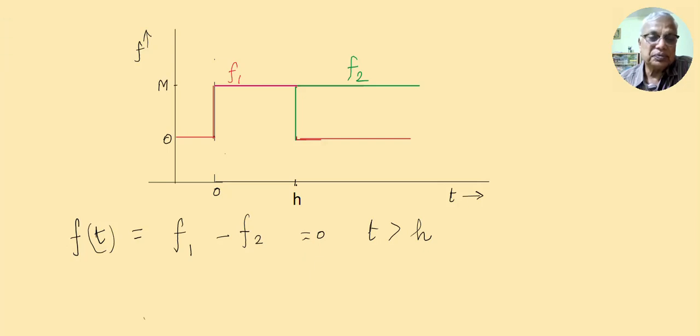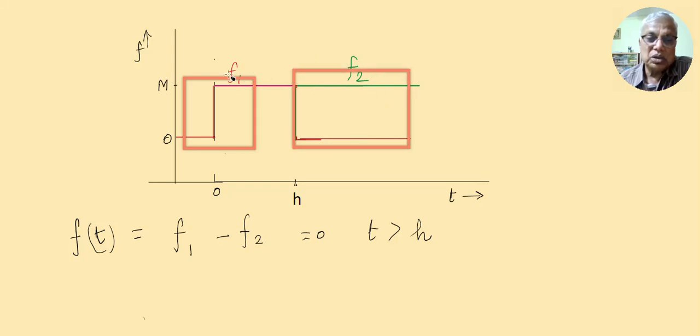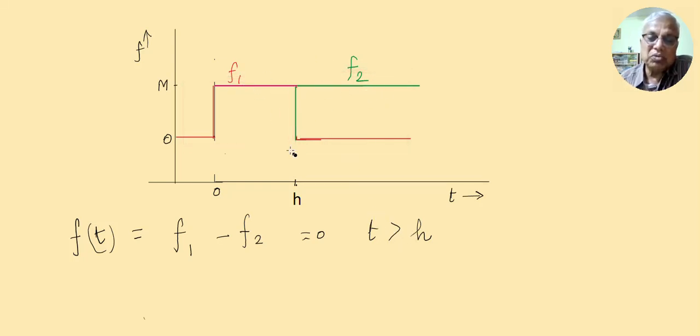Clear? Because for t greater than h, f1 value is what? M only. For t greater than h, f2 is also m. Both f1 and f2 are m for this period. So f1 minus f2 is going to give me 0.